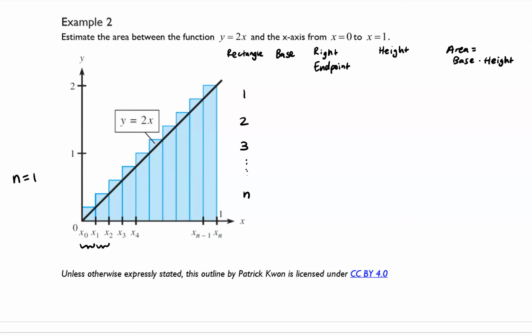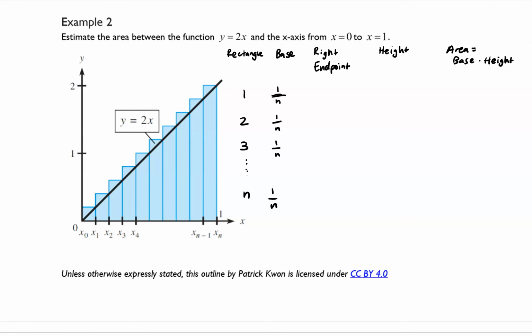If we decided that there were 10 rectangles, then each of the rectangles would have a base length of 1 over n, which is 1/10. So each of these would have 1/10, 1/10, 1/10, and then they would have different heights. But that was just an example if n were equal to 10, but we don't know what n is. So the base length is going to be 1 over n for all of these.